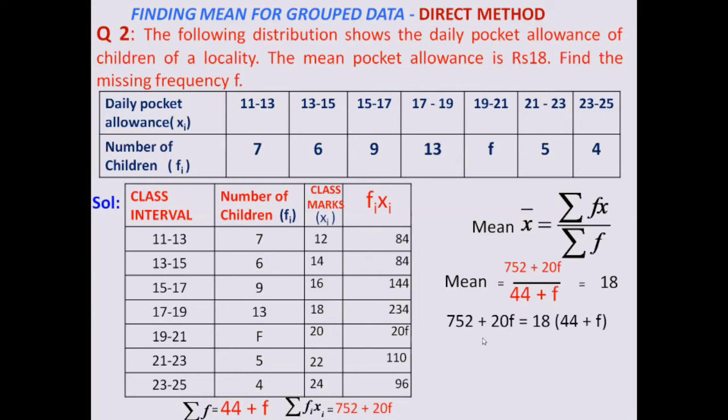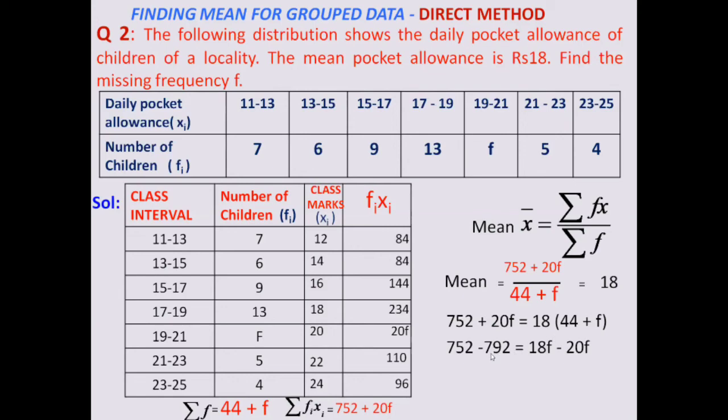That will be 752 plus 20f is equal to 18 into 44 plus f. So 752 plus 20f is equal to 18 times 44, which is 792, and 18 into f is 18f. If we bring f terms to one side and other numbers to another side, that will be 752 minus 792.